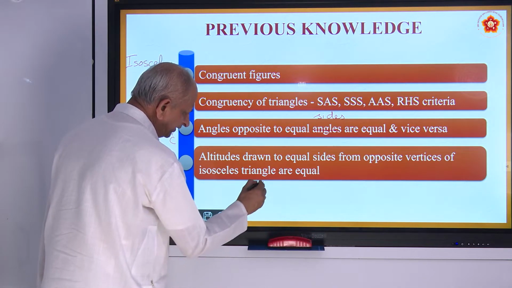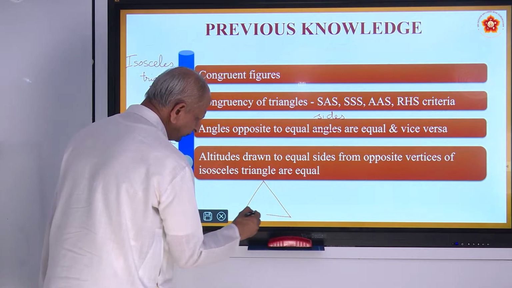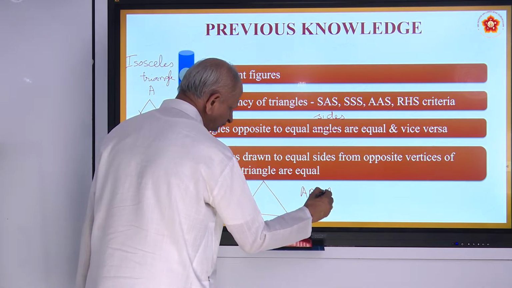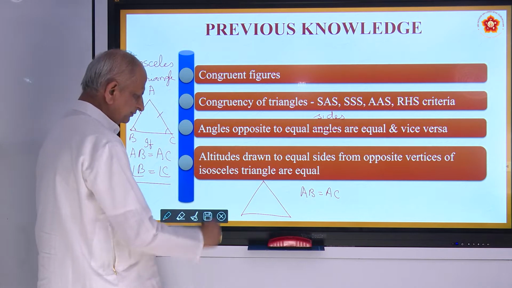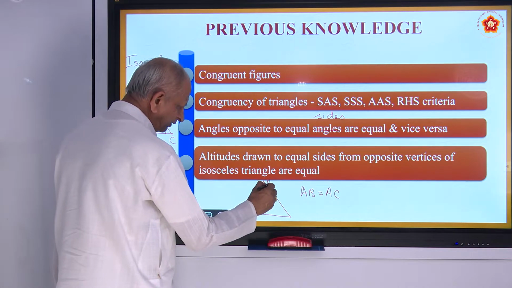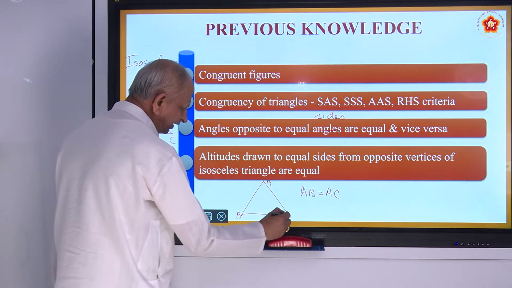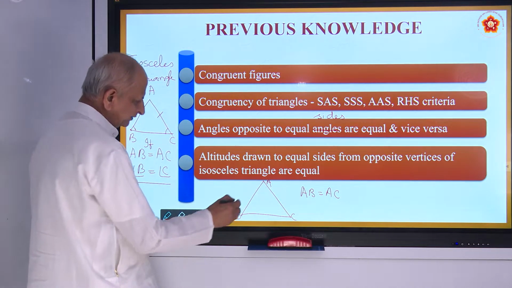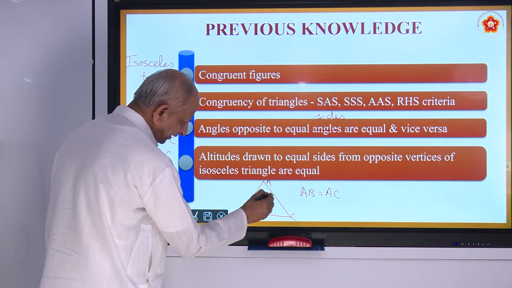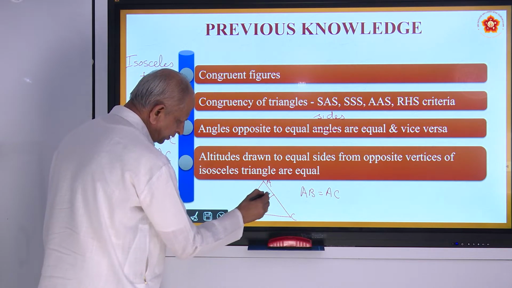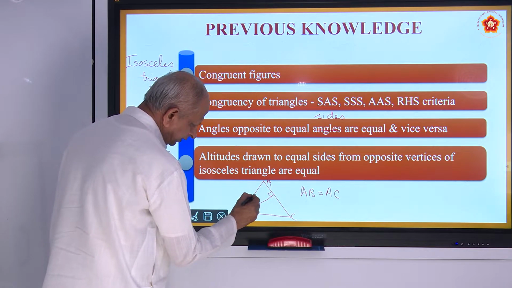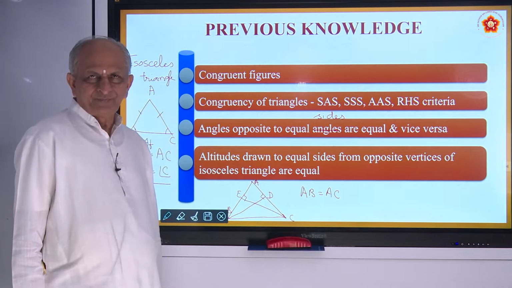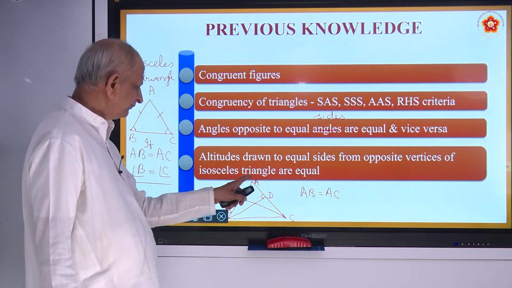Suppose you have triangle ABC, and if you say AB is equal to AC, that is isosceles. Isosceles means two sides are equal. Then the theorem says altitudes drawn to equal sides. So from B, if you draw an altitude, also from C, if you draw an altitude, it is a rough figure.